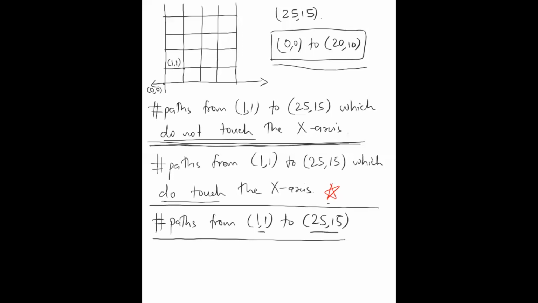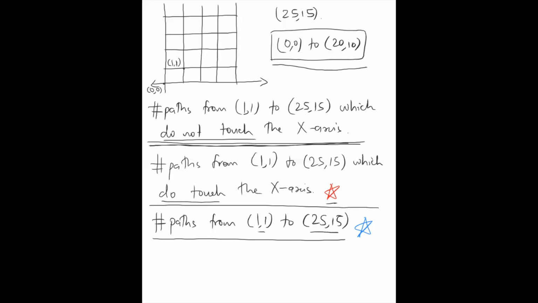If we calculate the red star quantity, then subtracting it from, say, this blue star, the number of paths from 1 comma 1 to 25 comma 15, we should get what we want. So even though it might seem as if we are solving the exact opposite problem, it will eventually solve the problem that we want to solve.